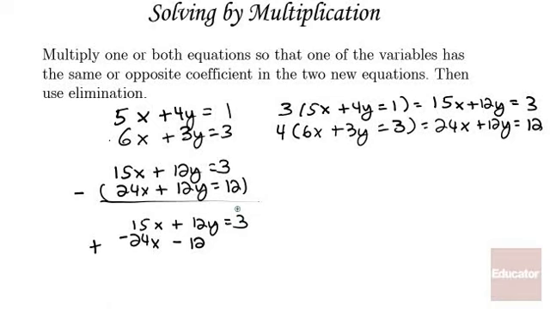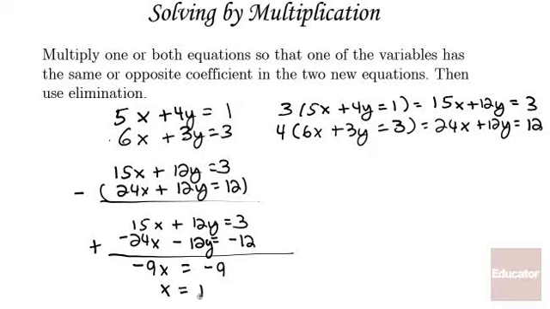And then that's going to be a negative 12. Okay, negative 24x minus 12y minus 12. Add these together. So I get 15 minus 24x. That's going to give me negative 9x. The y's drop out. And then I have 3 minus 12. That's negative 9. Divide both sides by negative 9 to get x equals 1.